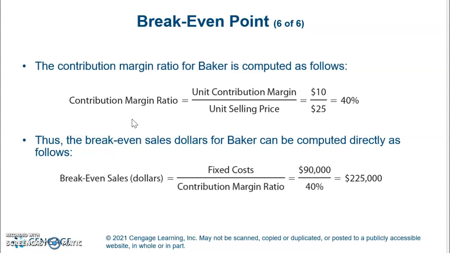Instead of wanting to find out the quantity to break even, you want to find out how much in sales dollars to break even. So remember, you take your contribution margin divided by selling price to get your contribution margin ratio. Then divide your fixed costs by the contribution margin ratio to get your break even in sales.